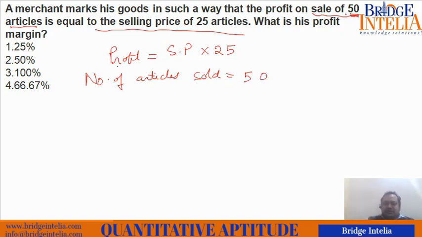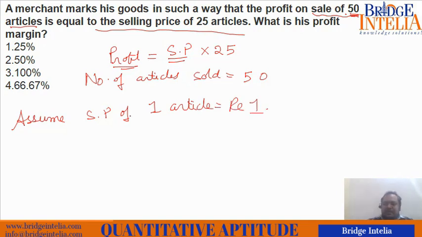So since profit is expressed in terms of selling price, you assume the selling price of one article to be equal to rupees 1. Fine. So he has sold 50 articles, so the total selling price received is equal to rupees 50.